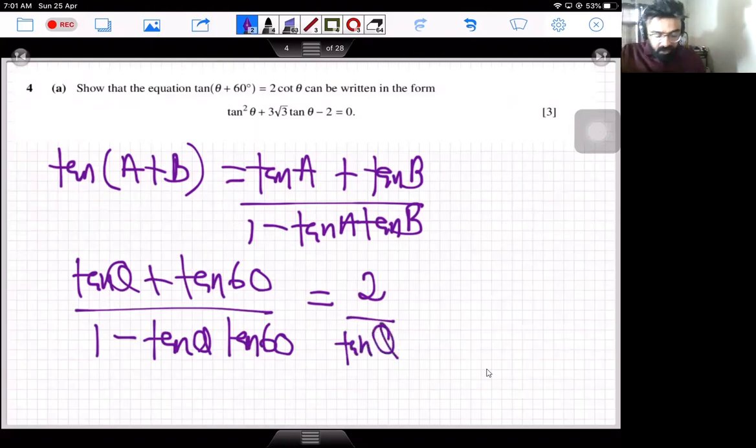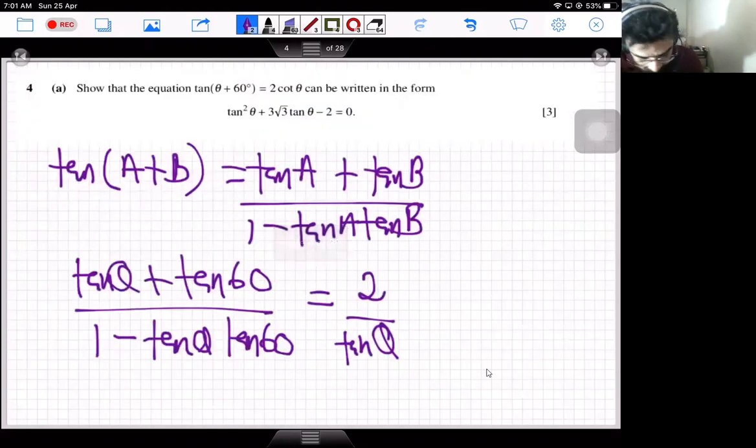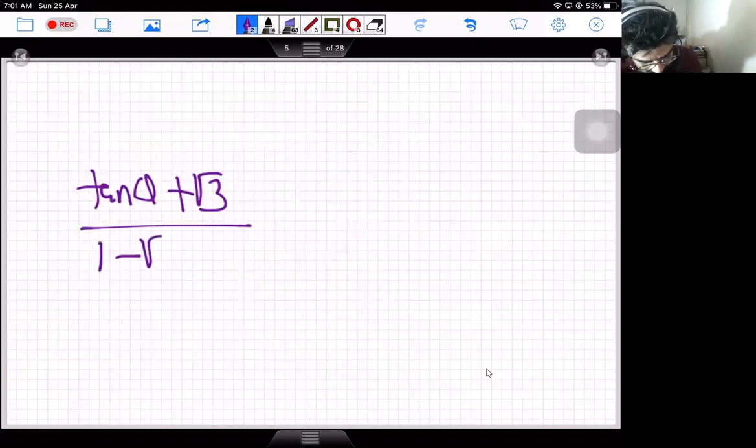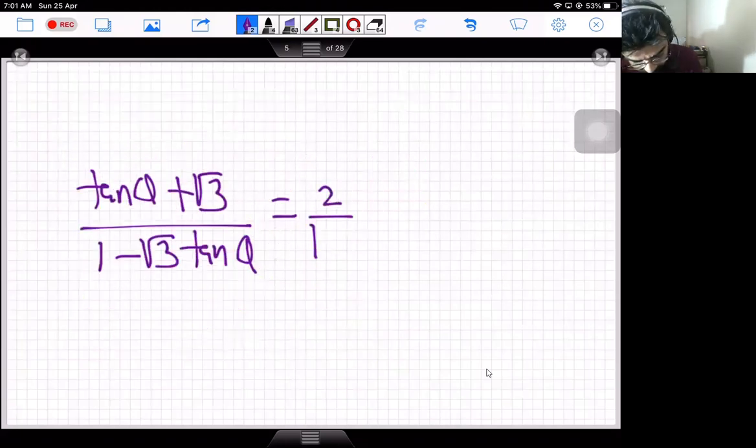What's the exact value of tan 60? And don't forget to convert your calculator into degree mode. The exact value of tan 60 is under root 3, so this becomes tan theta plus root 3 divided by 1 minus root 3 times tan theta, and this is equal to 2 over tan theta.